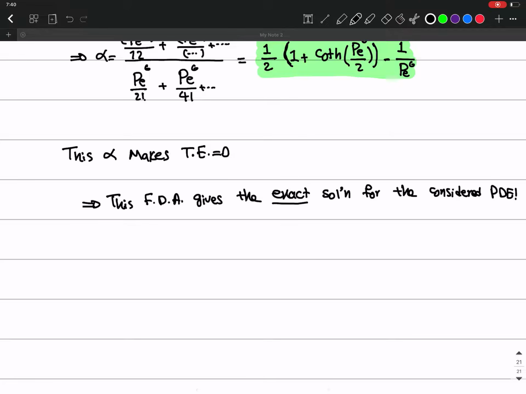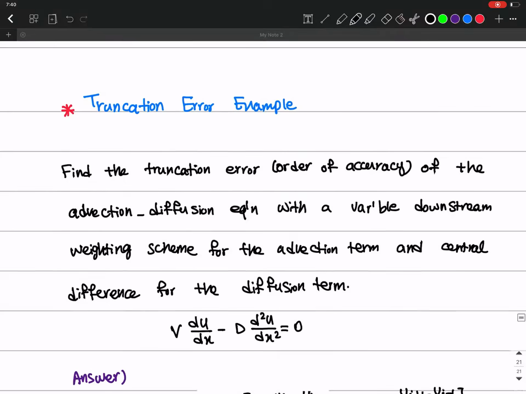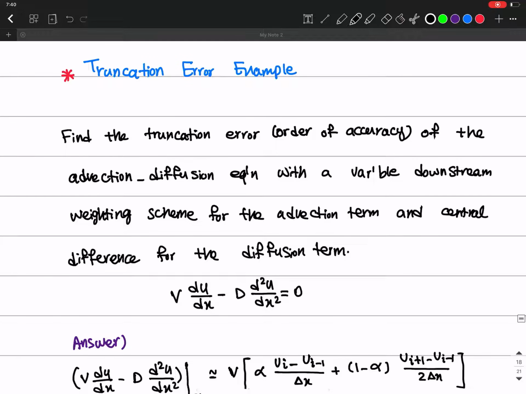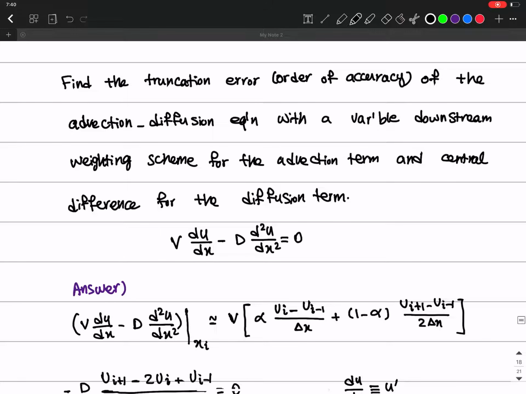Okay. So let's review what we learned today in this lecture. In this lecture, I started to solve a truncation error example for you. And the question we had was, what is the truncation error or the order of accuracy for this advection diffusion equation with the approximation that the question wanted from us, which is a variable weighting scheme for the advection term and a central difference scheme for the diffusion term.